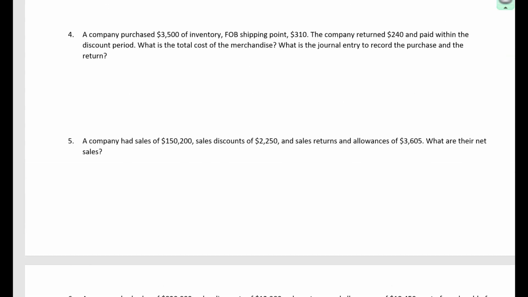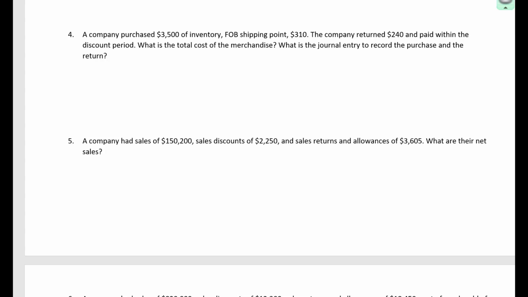There, okay. Number 4. A company purchased inventory. So the first problem that we just had was a customer buying merchandise. Now the company is the one that's actually purchasing the merchandise to sell. So the company purchases $3,500 of inventory, FOB shipping point, 3/10.